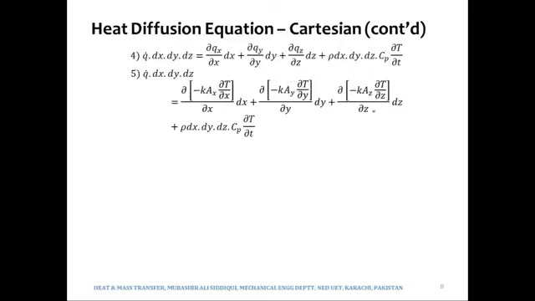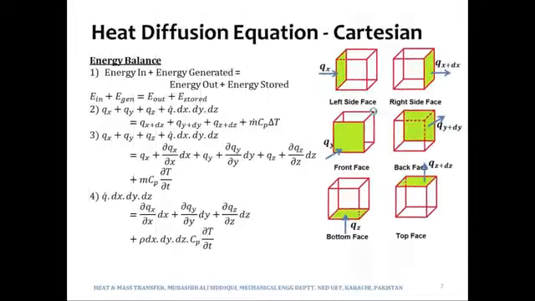for the very simple reason. See, if we look at this diagram, qx is being incident upon the area which is dx times dy, whereas qy is being incident upon this area which is dx times dz. So the area on which qx is being incident is not the same as the area on which qy is being incident. Similarly, qz is being incident upon the face, the area of which is dx times dy.